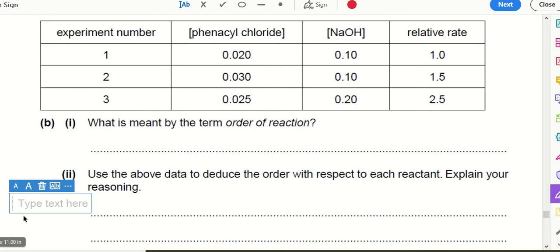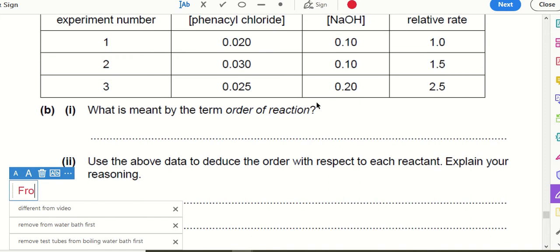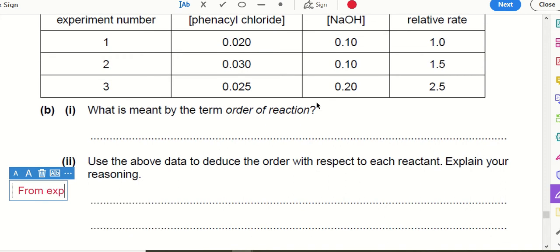So let's start. I'll be using the reasoning method. So I'll write from experiment 1 to 2. I try to use short form here, but in the exam, you should write as completely as possible, because I'm trying to save space here.